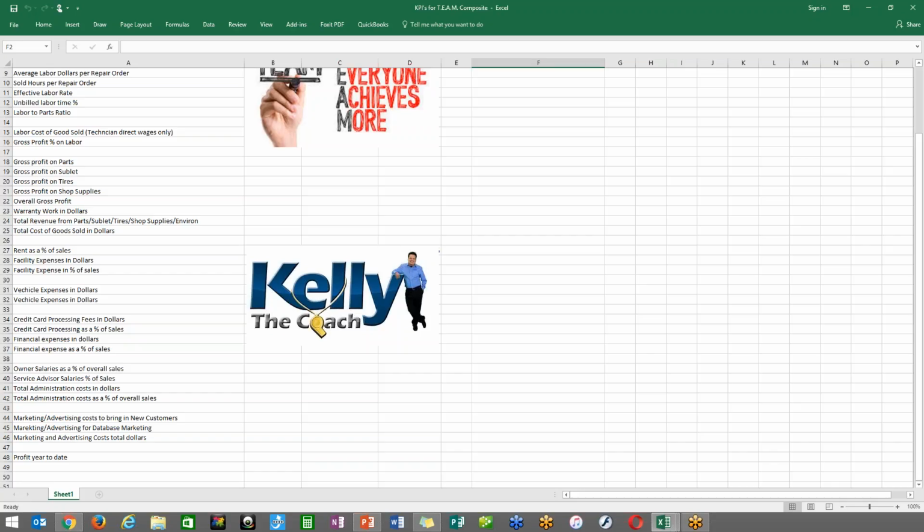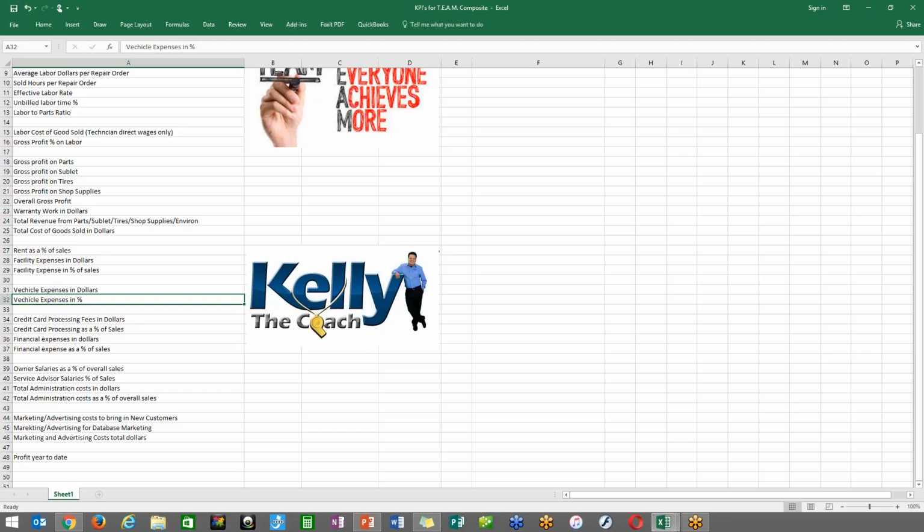We'll see vehicle expenses. That would be vehicles that are owned by the shop, and it's expressed in dollars and expressed, now it says dollars there. That's actually an error. Again, we're creating this document, and I'm just going to change that right now to percentage and be clear to save it, so it's there next time.